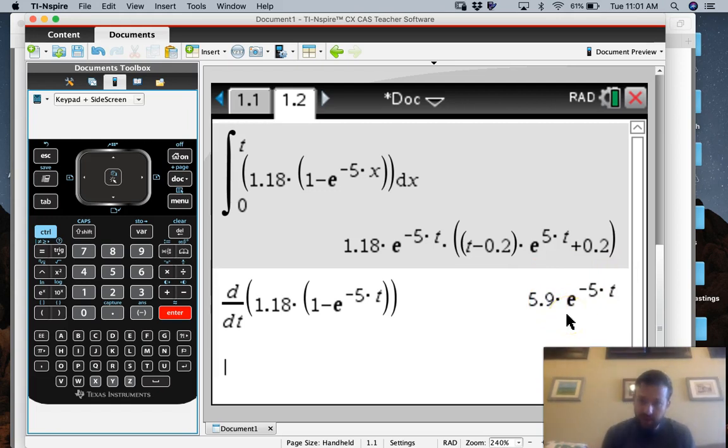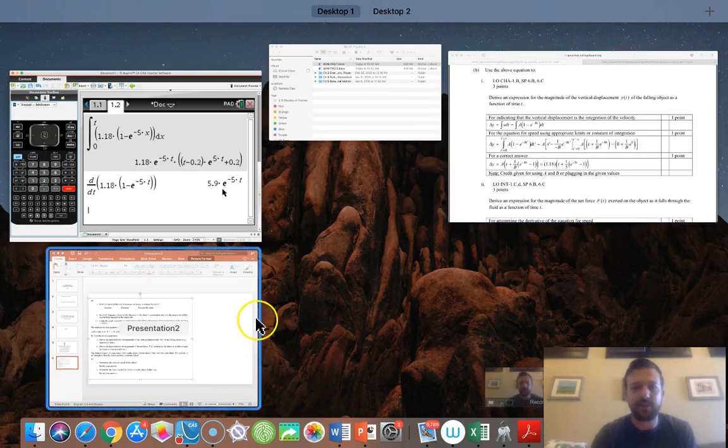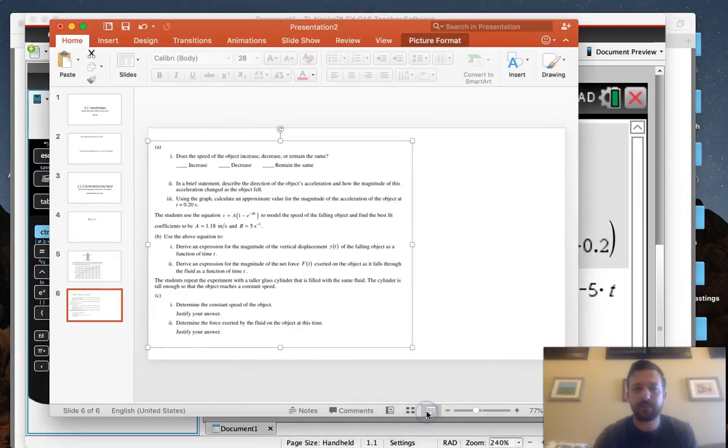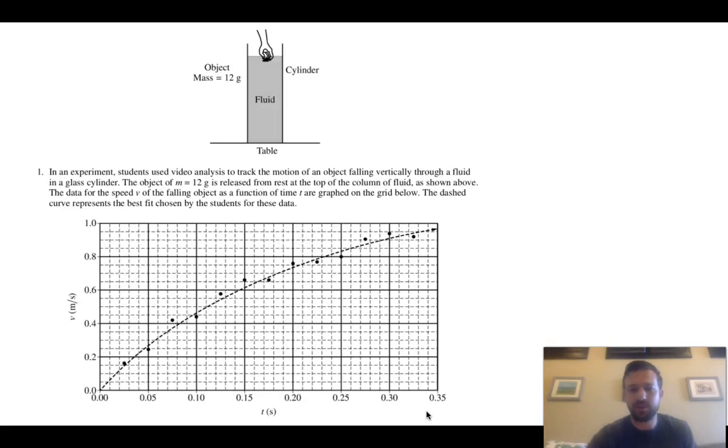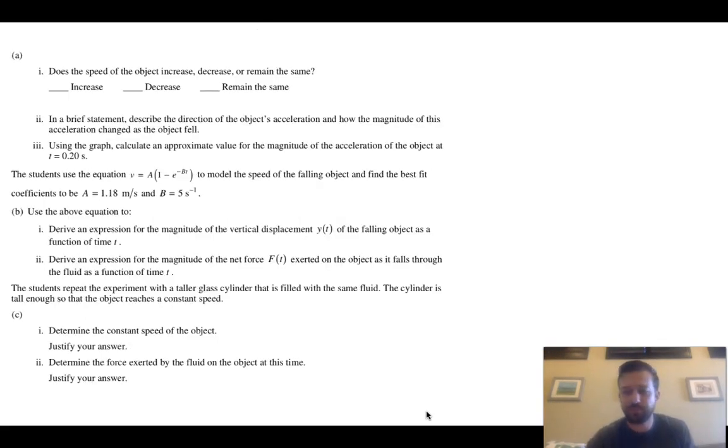So 5.9 e to the negative 5t. I'll just write it down over here. And it was 12, right? At 12 grams. So that's how you would get that answer right there. It'd be F equals 12 times 5.9 e to the negative 5t. And that is a formula for net force.